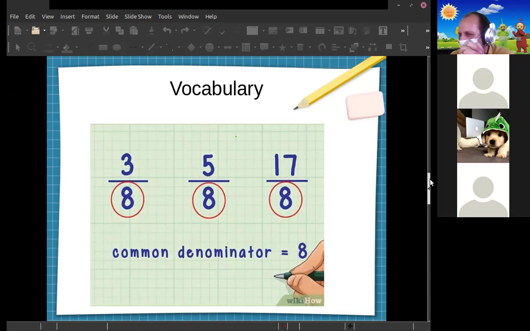So we say common denominator. You write there in Thai language what is the meaning of that. The common denominator. Same when you get the midterm test, you get a word problem, and I write in the word problem, the common denominator is 16. Then you know what is the meaning of the common denominator.